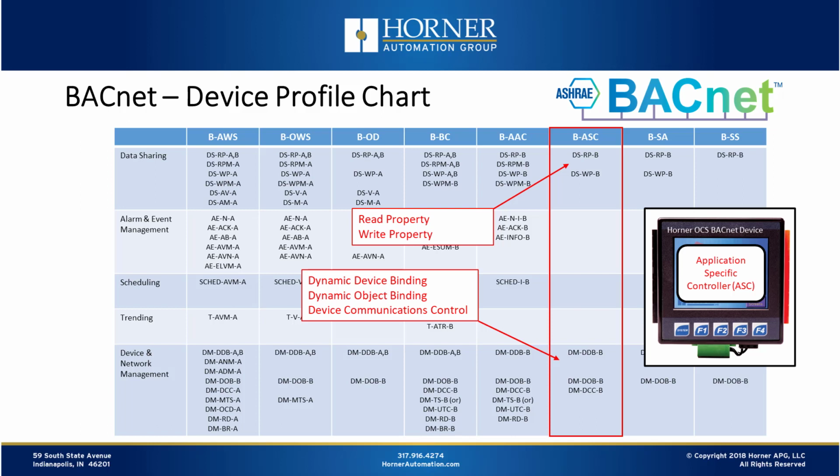As you can see, those devices are quite a bit less sophisticated than an application-specific controller, but that tells you that a Horner controller could act not only as an ASC, but also as a smart actuator or even a smart sensor. But of course, the product does have considerably more horsepower than what you would use just for that.